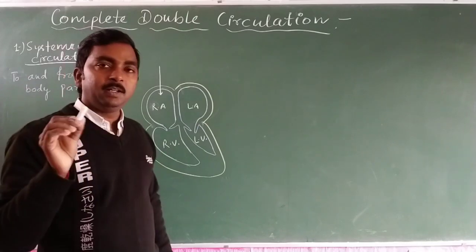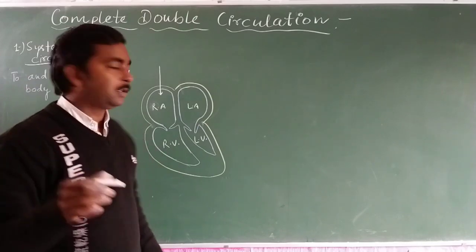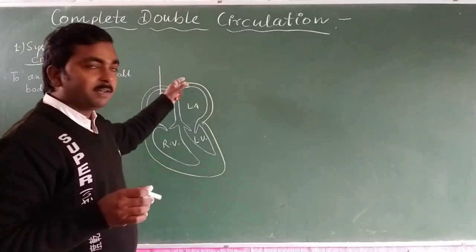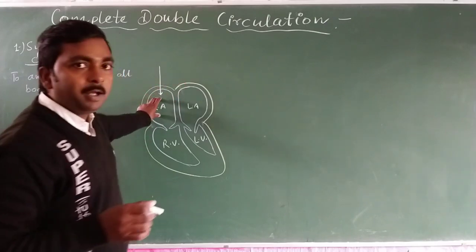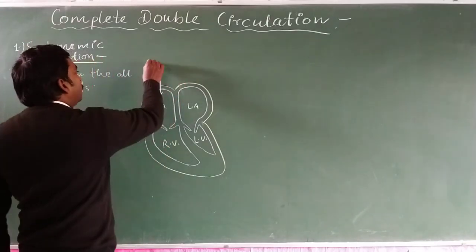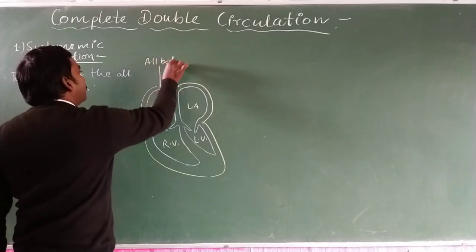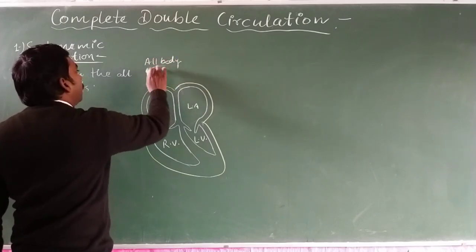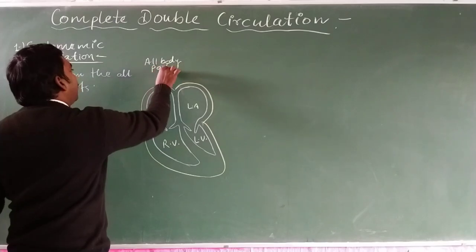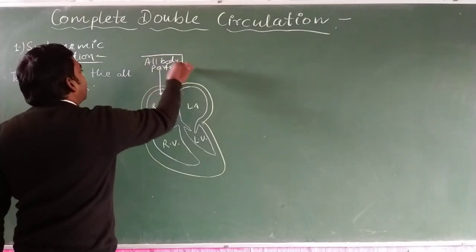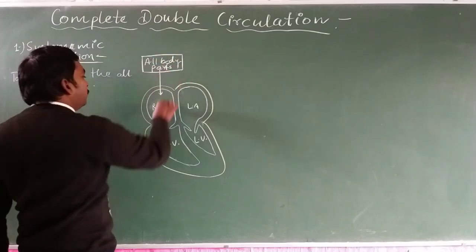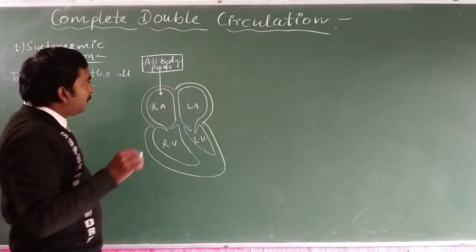Superior vena cava and inferior vena cava together collect the blood from all parts of the body into the right atrium. So here are the body parts; from all body parts, blood gets collected into the right auricle.